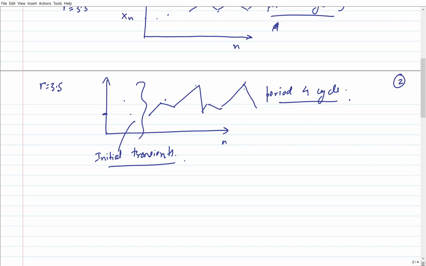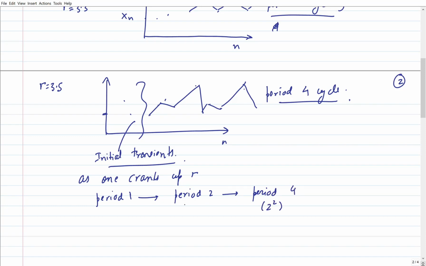And we saw that as one cranks up r, one goes from period 1 to period 2, period 4, which is nothing but 2 to the power of 2. This is 2 to the power of 1, so on and so forth.